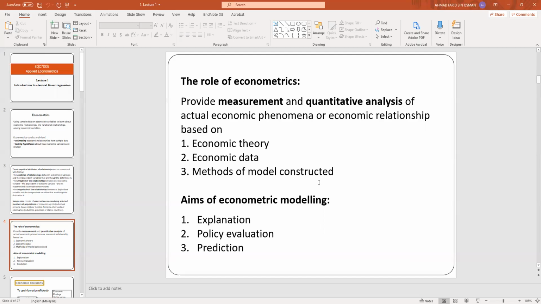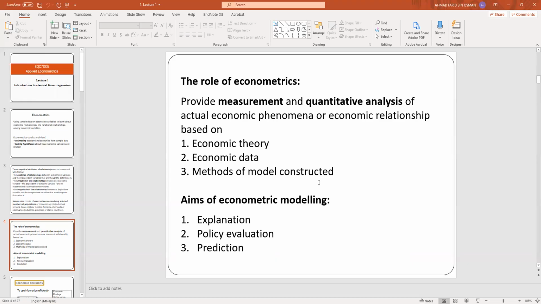We want to know how we can change the value of the interest rate in order to change the value of the money supply. So using econometric models allows us to evaluate, if we increase the interest rate by 1%, how it is going to influence the money supply or other economic variables.